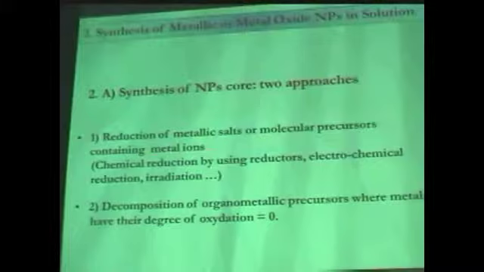This reduction may be obtained either by using chemical reductors, or by electrochemical reduction, irradiation, etc. And the second possibility is the thermolysis, the decomposition of organometallic precursors, where metals have their degree of oxidation equal to 0. This is a very good method which works very well to produce metal nanoparticles with a very narrow size distribution.